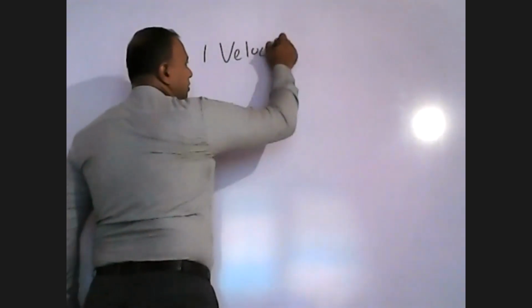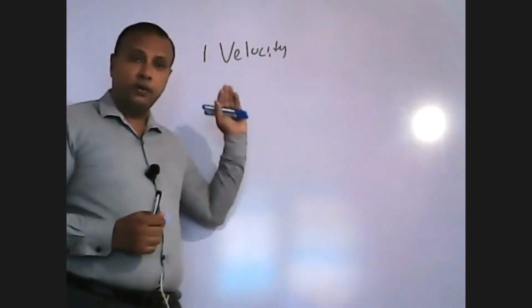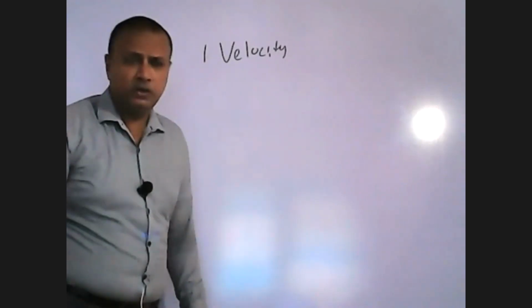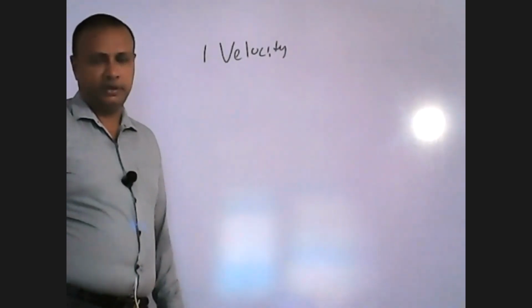As an example, if we want to find the dimension of velocity, you have to write an equation for velocity with basic physical quantities.